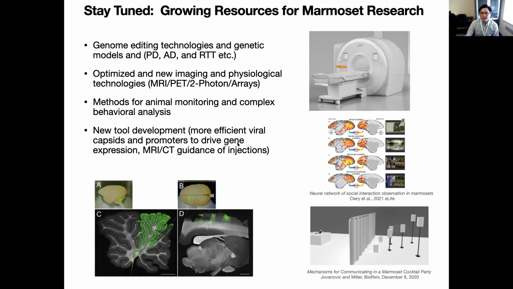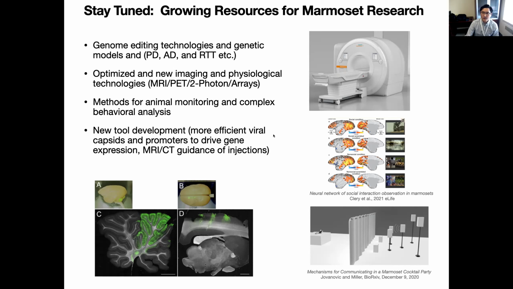And of course, there are some new tools coming online. Mariev can talk maybe a little bit more about this in the discussion section, but including the development of new AAVs that can effectively transduce cells in the marmoset brain.